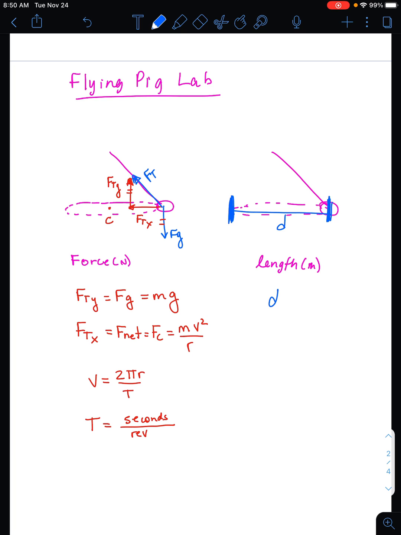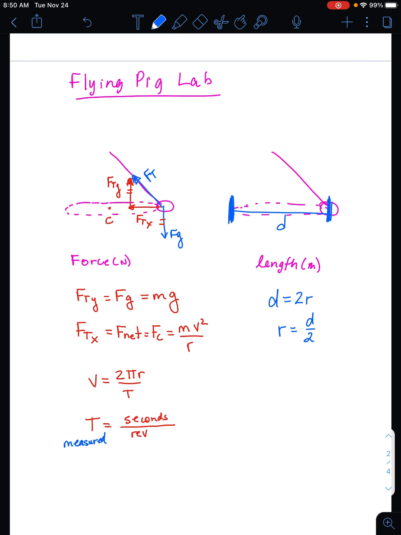The reason we measured the diameter is that it's equal to twice the radius, so we were able to find the radius by measuring the diameter. So we measured the time period by counting the number of revolutions in seconds, and we measured the radius by doing the diameter divided by 2.